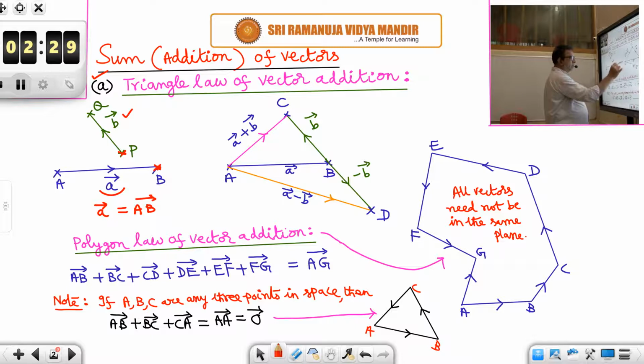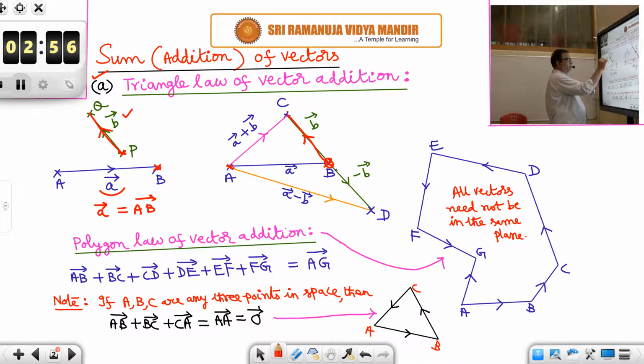So here I have shown in this second diagram. AB bar is A bar. At B, I am drawing a line parallel to PQ and equal in length to PQ. So this is the line drawn, BC. BC length is equal to PQ length and BC is parallel to PQ.